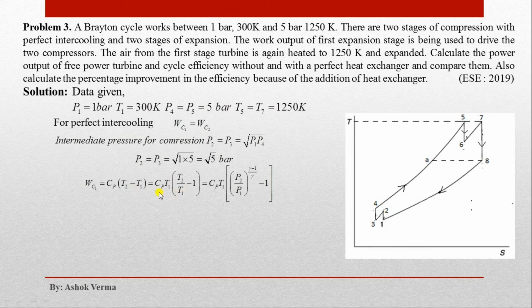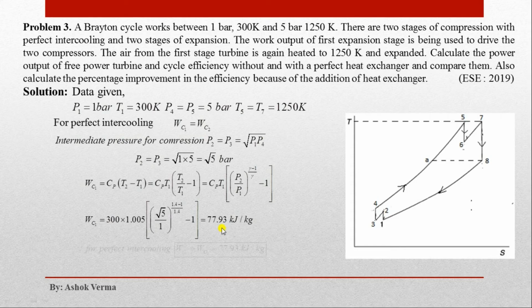But here we are calculating directly: Cp into T1 into [(P2 by P1) to the power (gamma minus 1) by gamma, minus 1]. You know T1, you know P2 and P1, and this constant. So after putting this value, you will get WC1 equal to 77.93 kilojoule per kg, which will also be equal to WC2 because of the perfect intercooling.